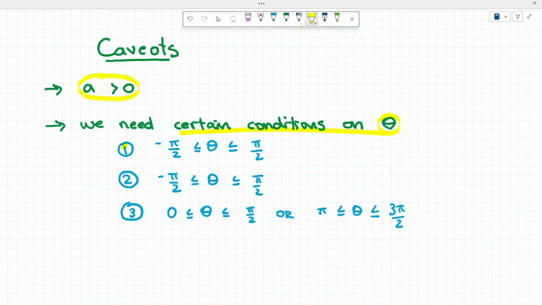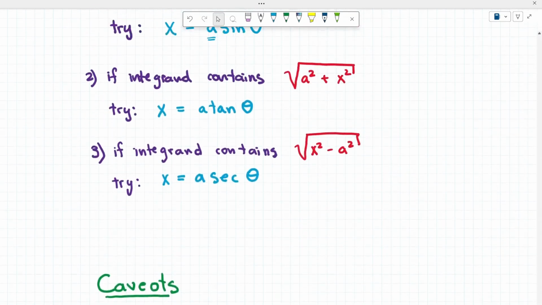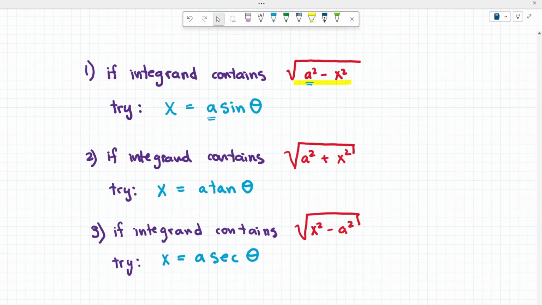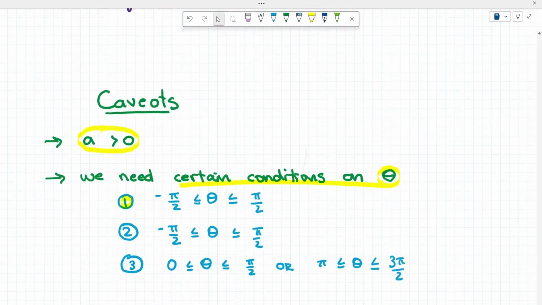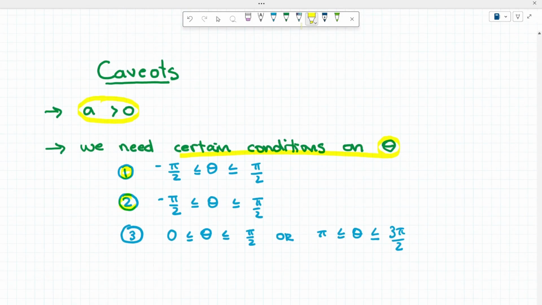Number 1, where theta has to be between negative pi over 2 and pi over 2, corresponds to our first substitution with sine theta. Our second one, with the same condition, where theta is between negative pi over 2 and pi over 2, corresponds to our tan.